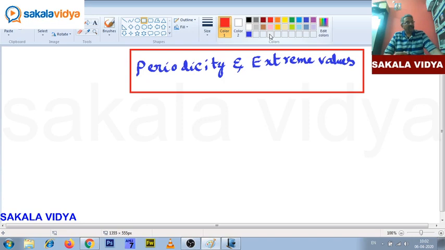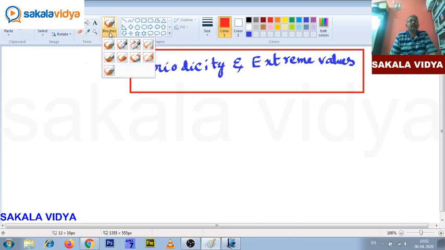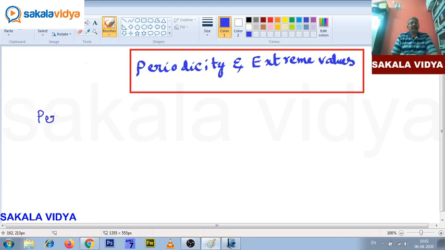Okay, so let's start the session now. Today let us discuss first, what is a periodic function?